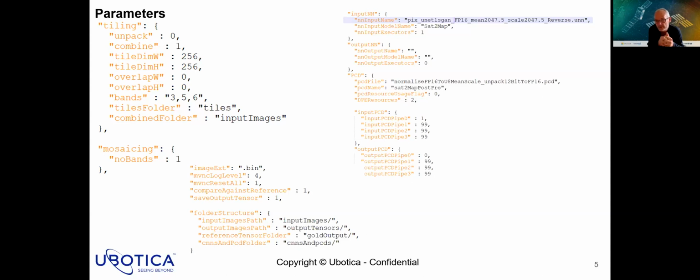And then these PCDs are what we use to configure the image pre-processing operations that would be run on each tile before inferencing is performed.